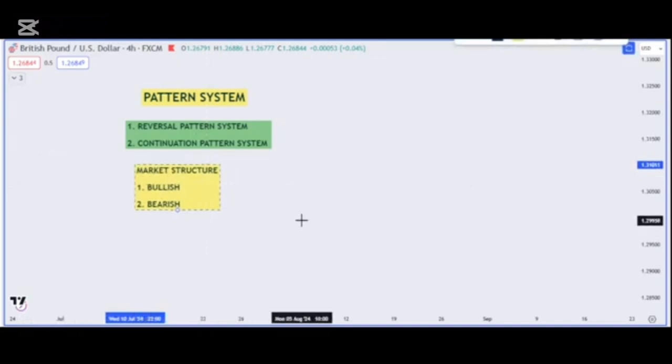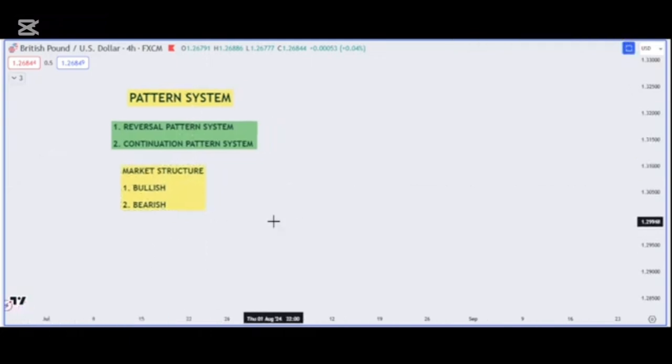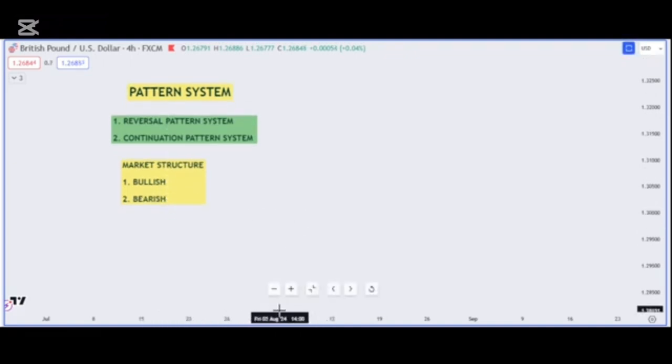So looking at the market structure, that's the first thing that you have to put into consideration. You have to get the market structure very well, whether the market is bullish or the market is bearish. Now, how to trade the bullish continuation pattern?